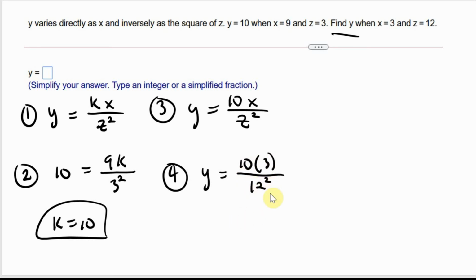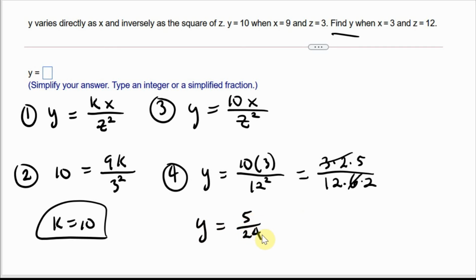That's to be squared. So that gives us 3 times factors of the 10 is 2 times 5, all over, that's 12 times 12. Say 6 times 2. That cancels. So we have y is equal to 5 over 24.